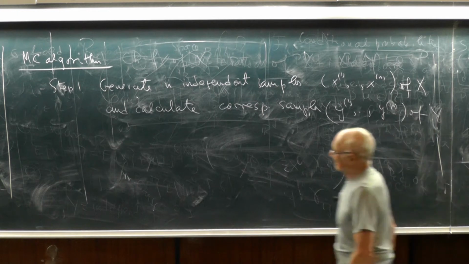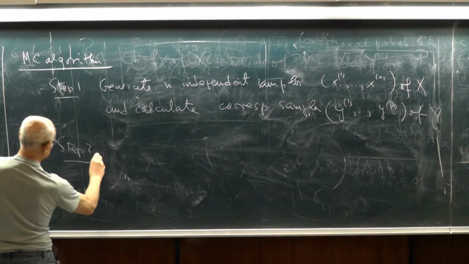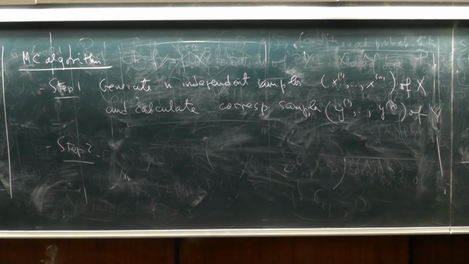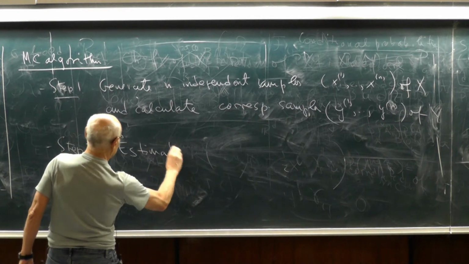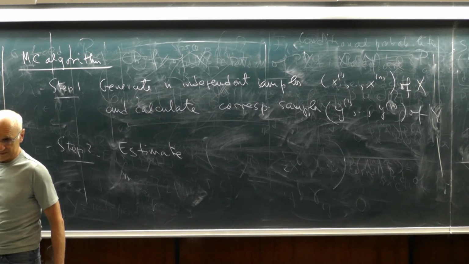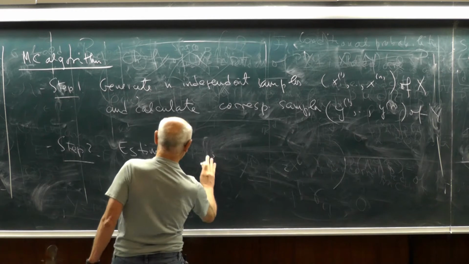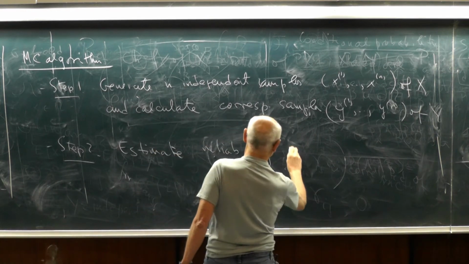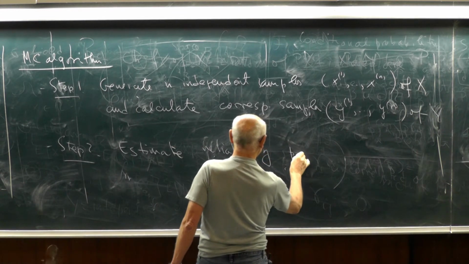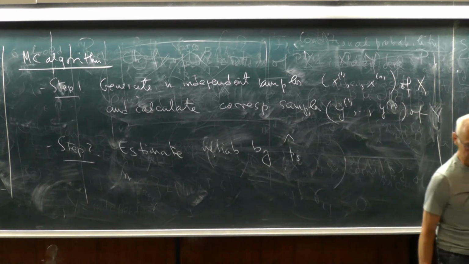All right. Step 2. Now I construct an estimate of this probability. Estimate the reliability by, and I put a hat on it to indicate that it's not a true value, it's just an estimate.